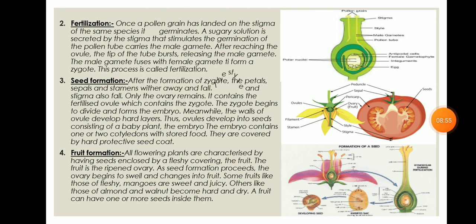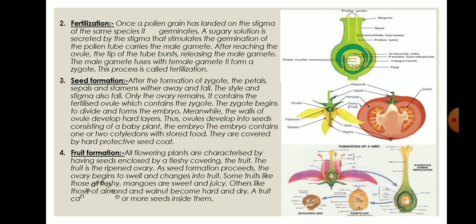Seed formation. After the formation of the zygote, the petals, sepals, and stamens are removed and fall down. The style and the stigma also fall down. Only the ovary remains. It contains the fertilized ovule, which contains the zygote.